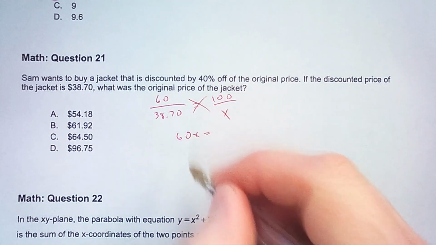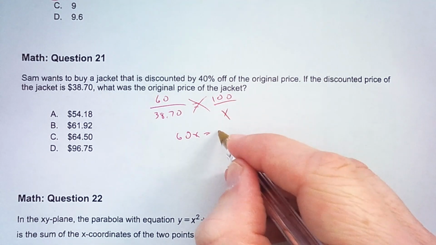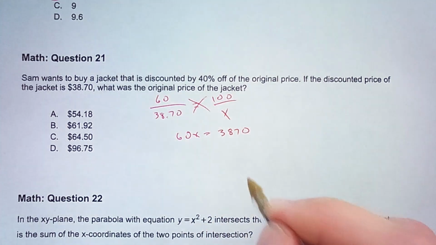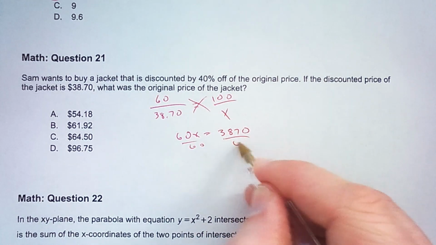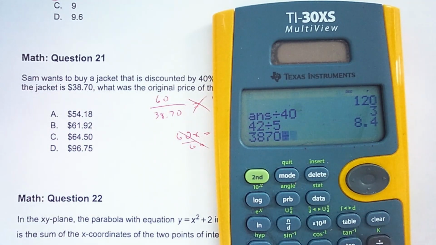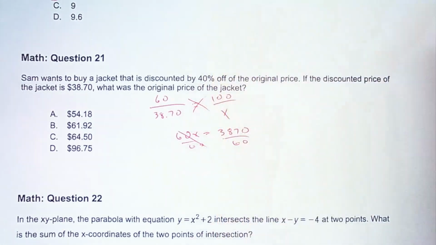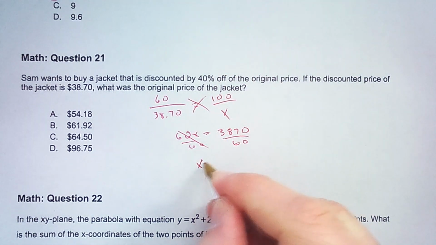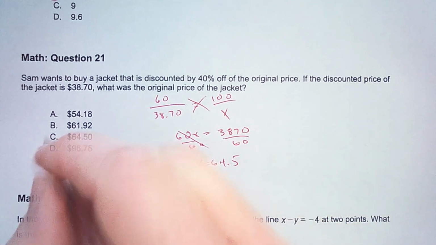Okay, so we'll do our cross products. 60x equals 3870 times 100, that's 3870 divided by 60. So 3870 divided by 60 is 64.5.